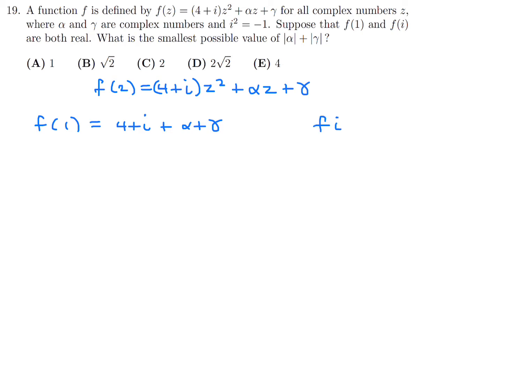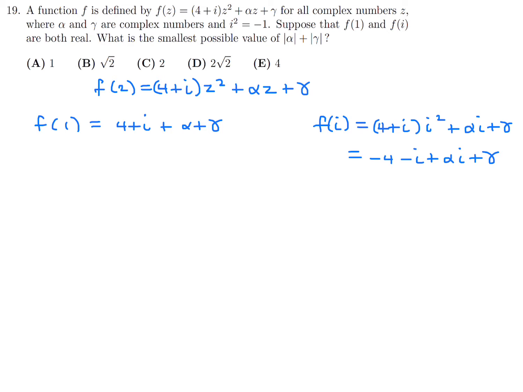And then if I put f(i), this guy right here, that gives me (4 plus i) i squared plus alpha times i plus gamma. Simplifying, this becomes -4 minus i plus alpha i plus gamma.